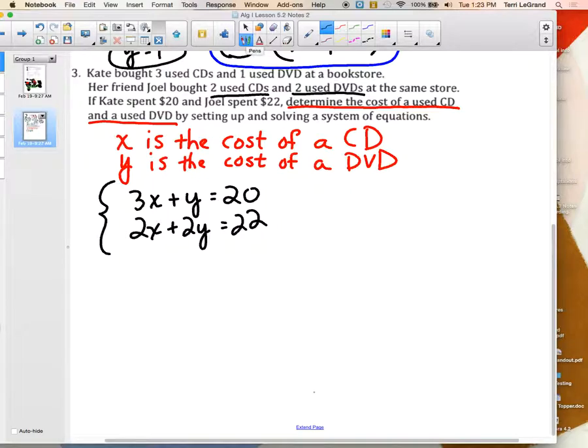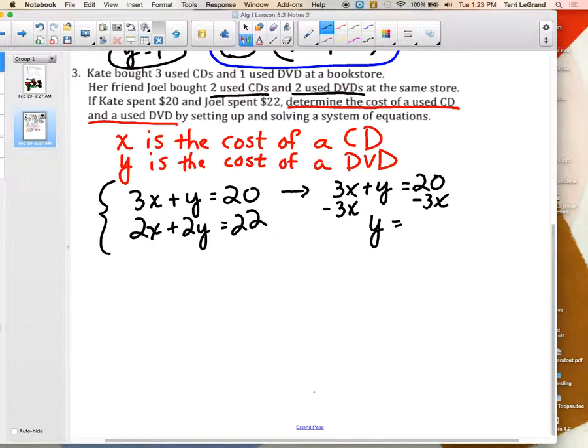Yeah. Okay. Are either of those equations solved for x or y? What would be the simplest thing to do? Get y alone on the first one. Let's do that. I'm going to have to subtract 3x. I'm going to have y equals 20 minus 3x.